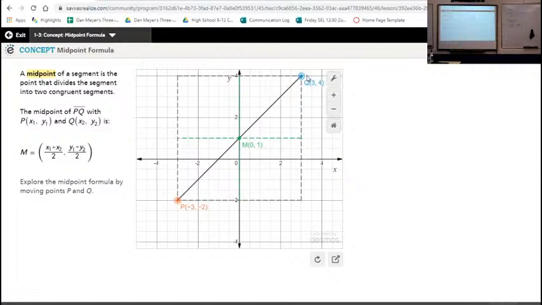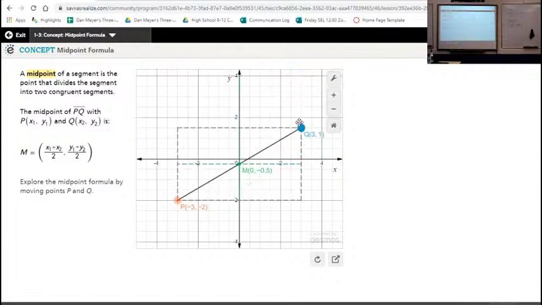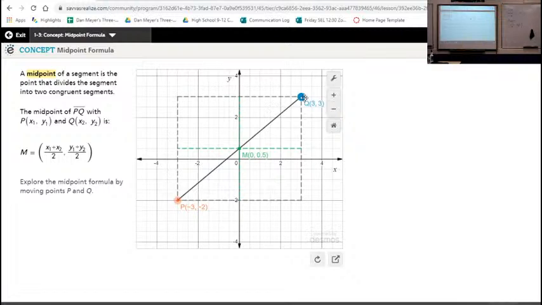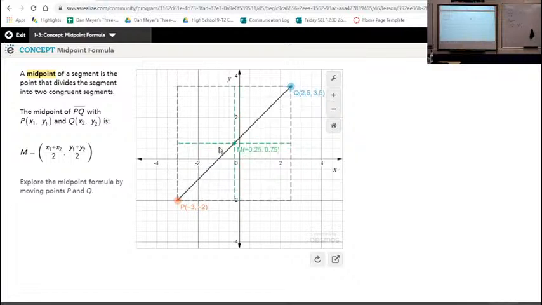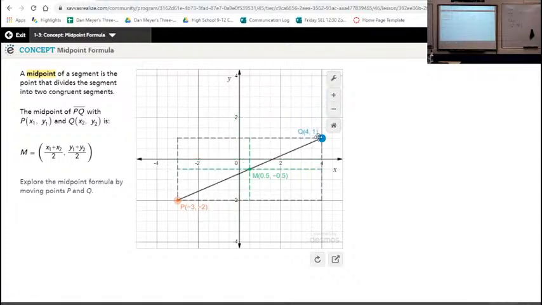So just to give you a visualization of that again, I'm going to drag this point around. And you'll notice that the green point is the midpoint between the red and the blue. The green point is our midpoint.